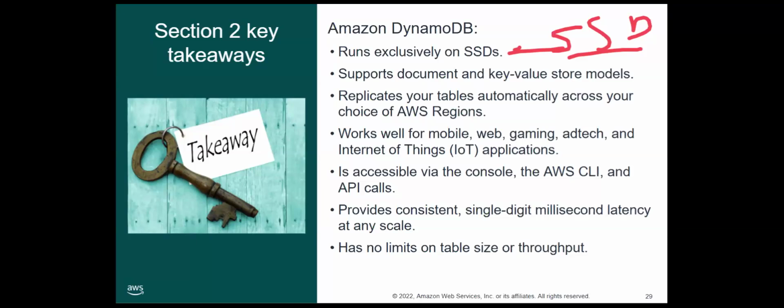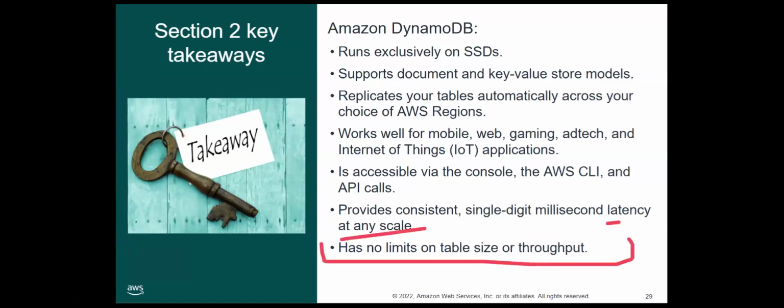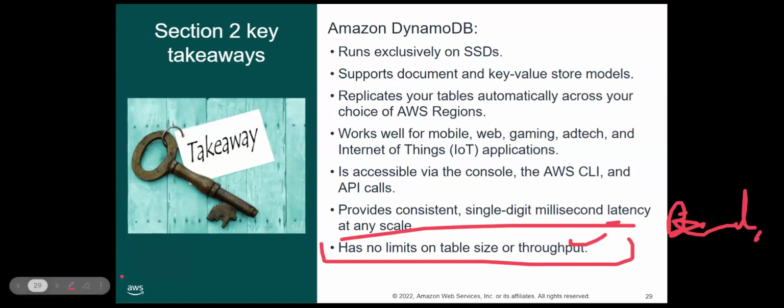Millisecond latency means your Instagram is very, very fast. It is loading everything at any scale. On Facebook you can see a full movie or half of a movie being posted nowadays, and it loads fast. There are no limits on table size or throughput. Throughput means bandwidth.